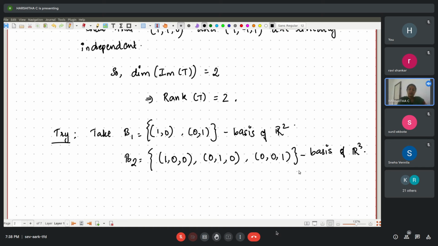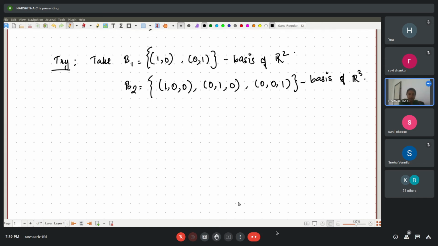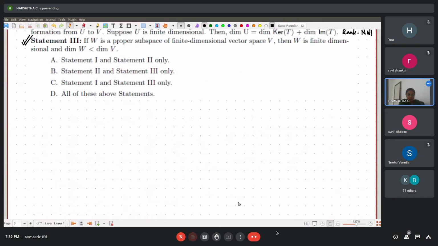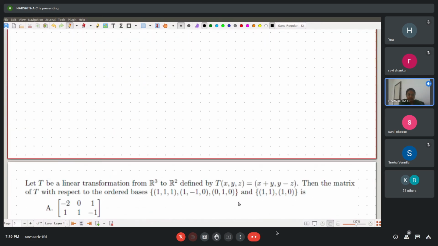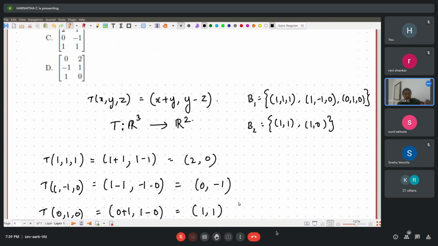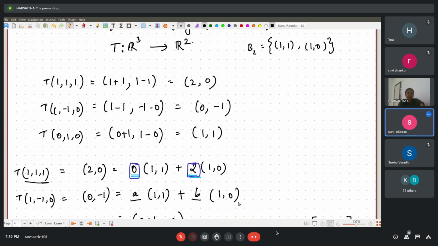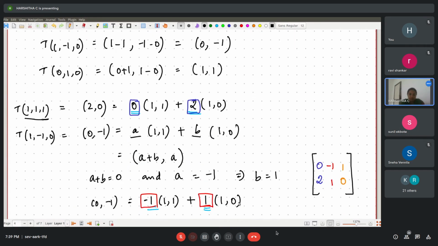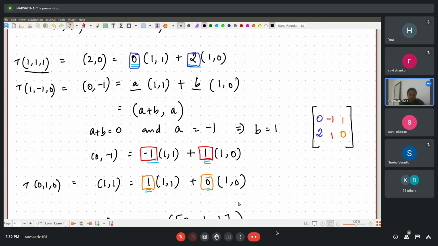Now, just like how we got the matrix there, you try to get the matrix of the linear transformation here. Then you try to find the rank, and you see that the rank should turn out to be whatever we got here. So both ways it is fine. Any questions so far? No.